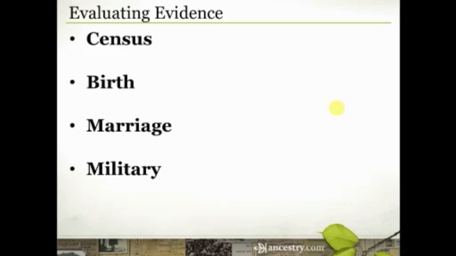Maybe he just told the draft registrar how old he was, and then the registrar figured out the birth year and miscalculated. But lots of different record sets have different little quirks like that. And the more you read those database descriptions and maybe Google or learn a little bit more about the records, the more likely you are to come closer to the truth as you're evaluating that evidence.